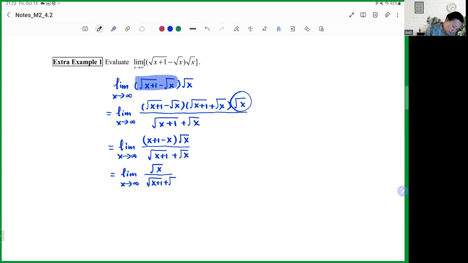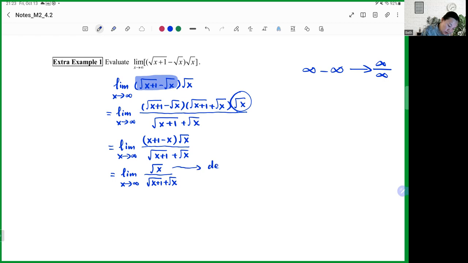Okay. And I'm left with this. You see? And then after the infinity minus infinity, which is our trouble, after I change this to infinity divided by infinity, a fraction like that, I will analyze the degree.